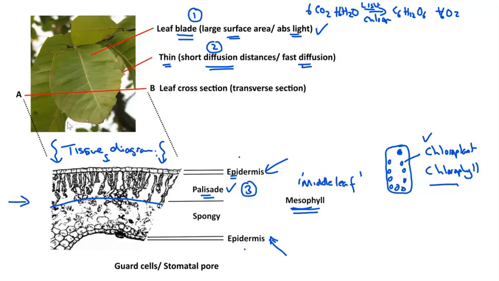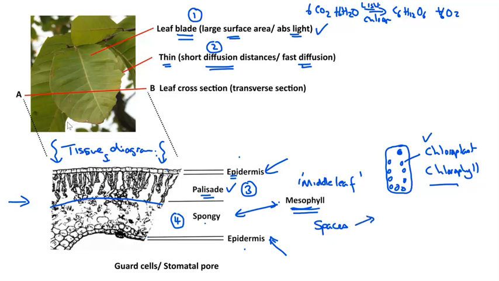And then our fourth feature is to do with what's called the spongy mesophyll tissue. And of course, calling it spongy, the descriptive term spongy, indicates that there are spaces. And through these spaces, this allows the diffusion of gases.